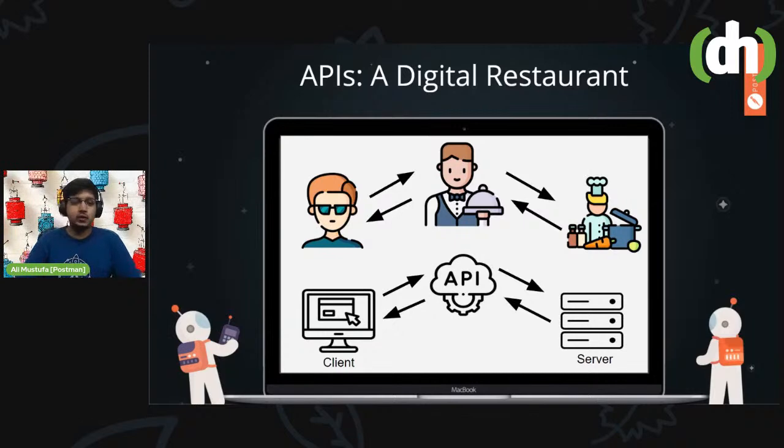Through the internet, the API works over HTTP or HTTPS protocols, and it takes that request to the server. The server, on the other hand, processes that request and tries to get some data from the backend, that is databases or something, and then sends that information back.